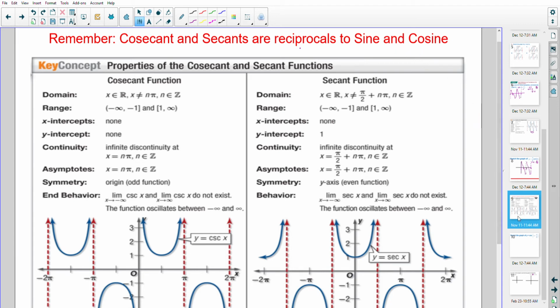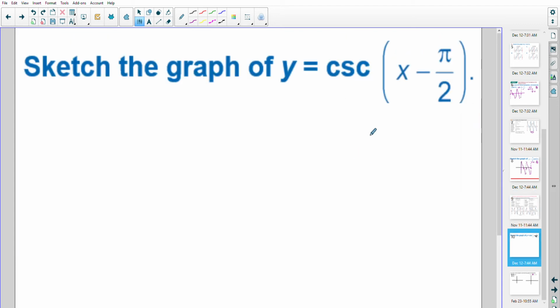So to do this, you really have to focus on graphing the reciprocal function first, such as in this case, I'd like to graph y sub 1, which would be equal to the sine of x minus pi over 2.